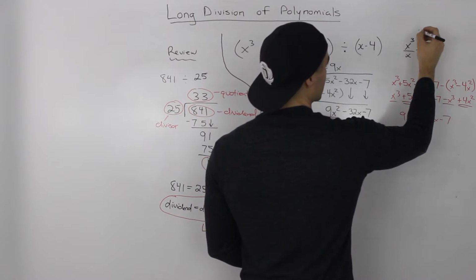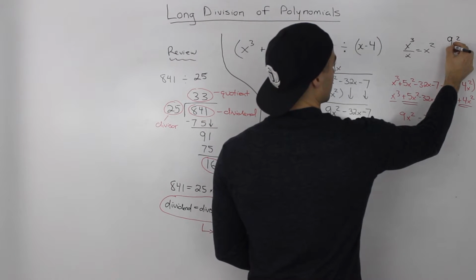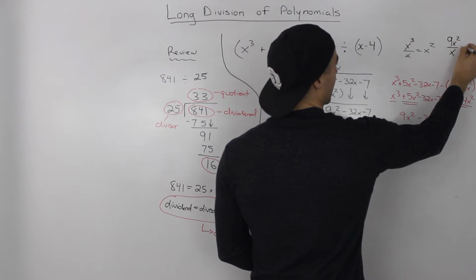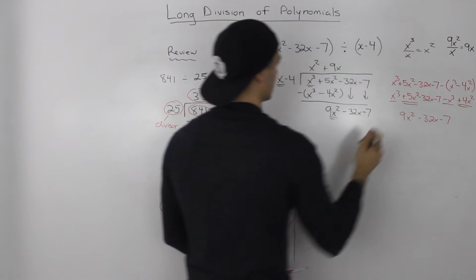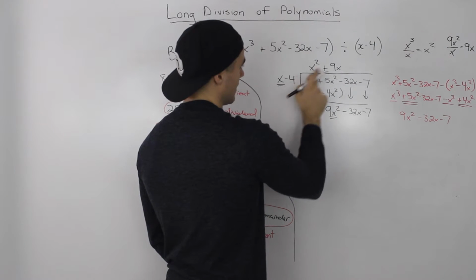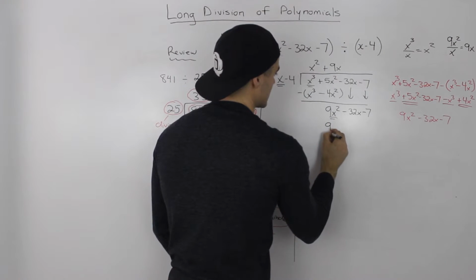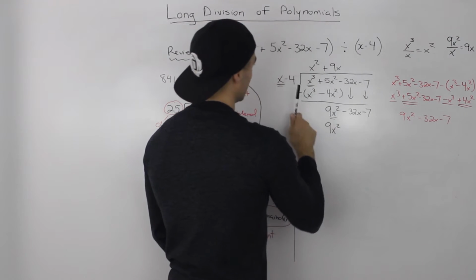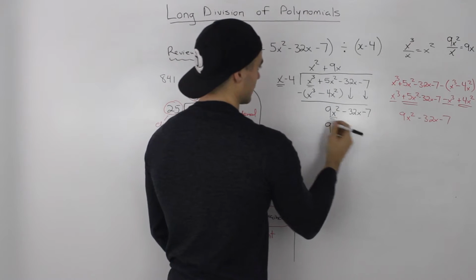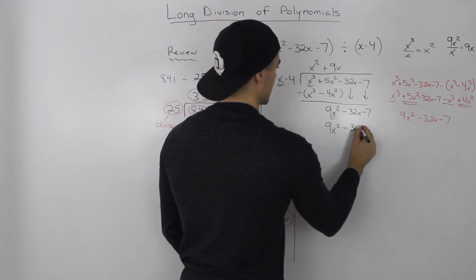Because if we do that on the side, 9x squared divided by x, we get 9x. So the 9x we put here, and then we take the 9x and multiply it by the x minus 4. So 9x times x is 9x squared. And then 9x times negative 4 is negative 36x.